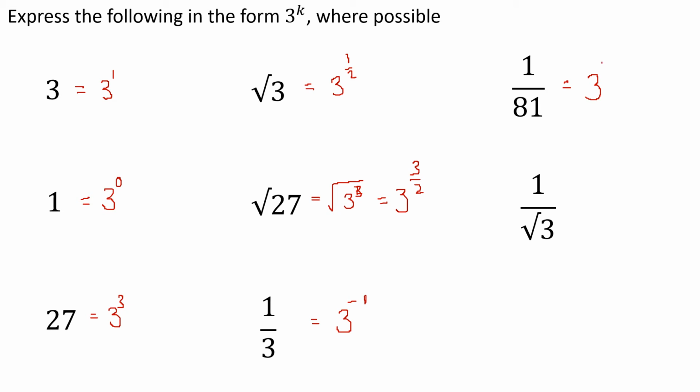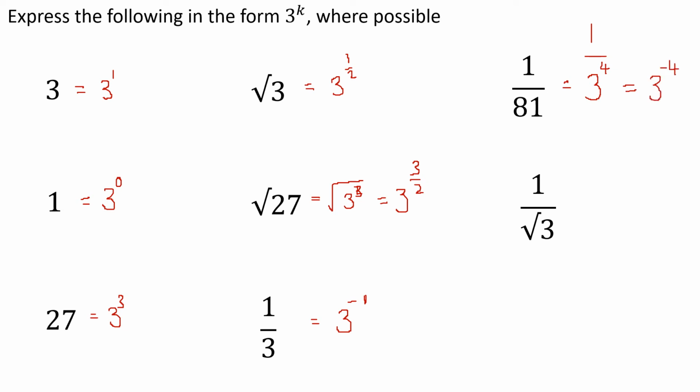So 3 to the power of 4 gets us 81. However, that's not quite in the form that we need. When we've got 1 over, remember it's a negative number, just like our previous example. So we can rewrite this as 3 to the minus 4.